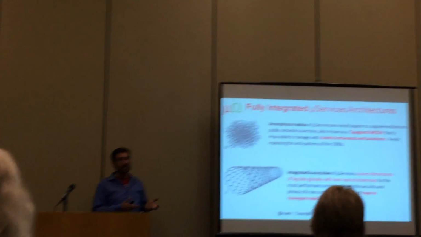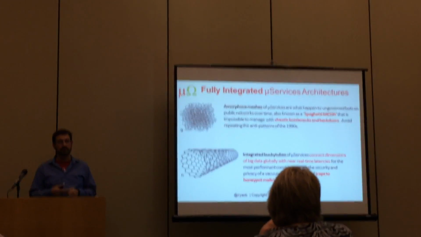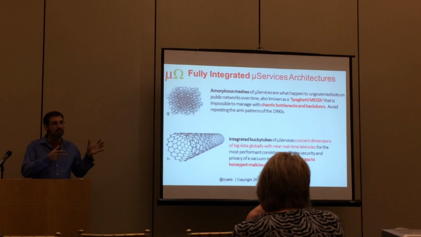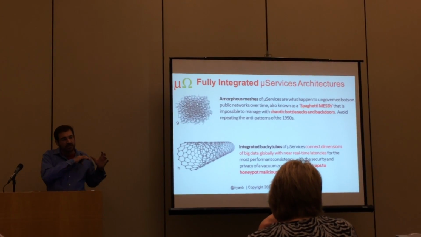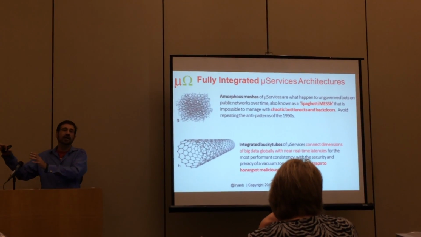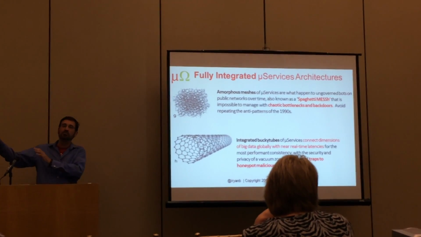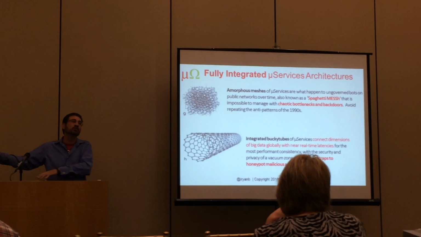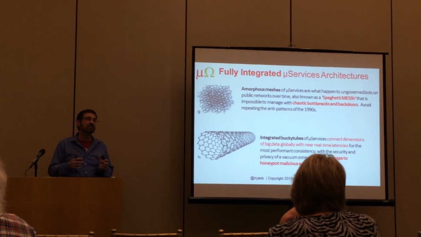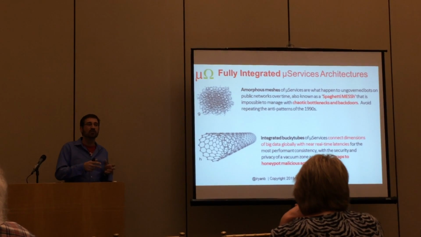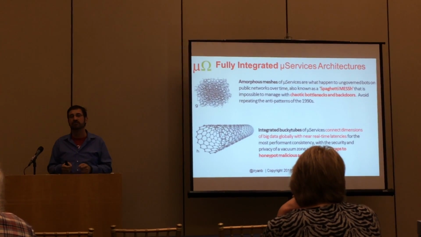So if you don't want to end up with that, think about an integrated bucky tube, where you've got bucky balls that are actually traversing your entire network, across your company, in the United States, across the pond, into the other countries where you're doing business as well, and the entire system is organized as a structure with policy enforcement at every single enclave.